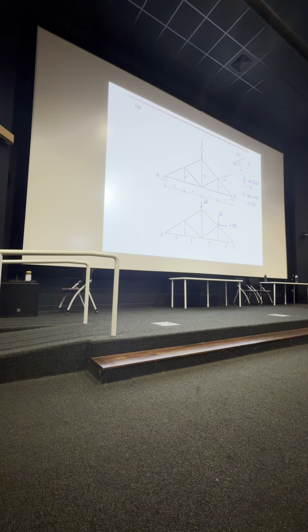At point A is a roller support, which means there's only one support reaction, so this is Ay. At point B is a pin support, so there are two support reactions, By and Bx. And this is our free body diagram.